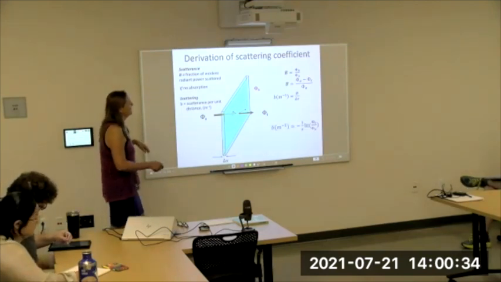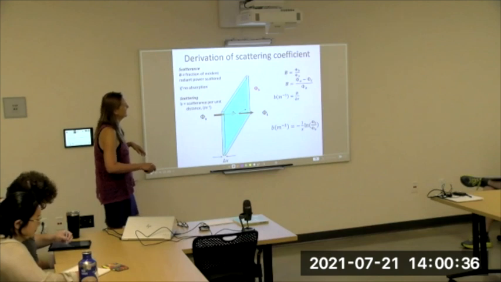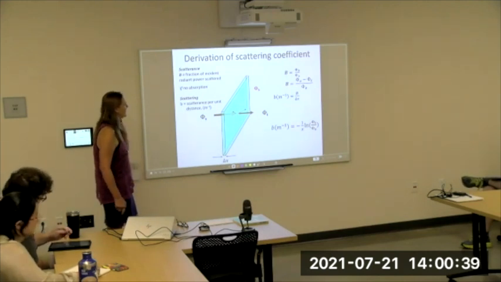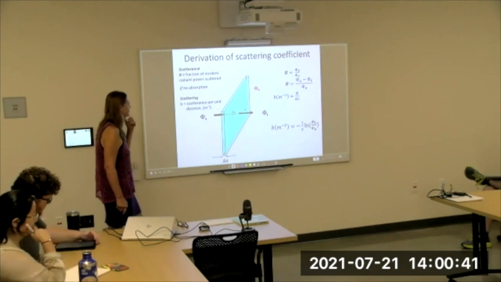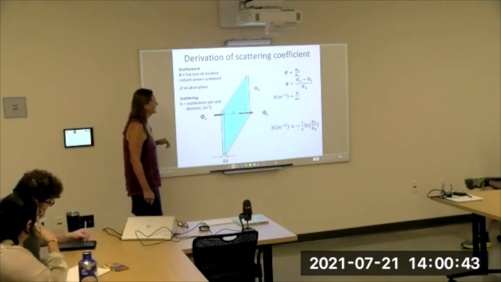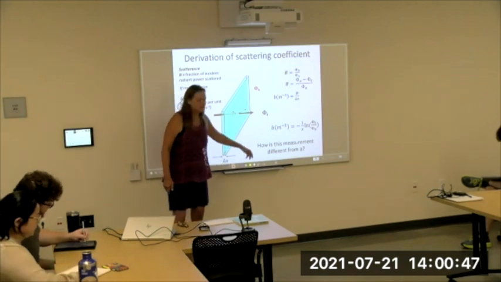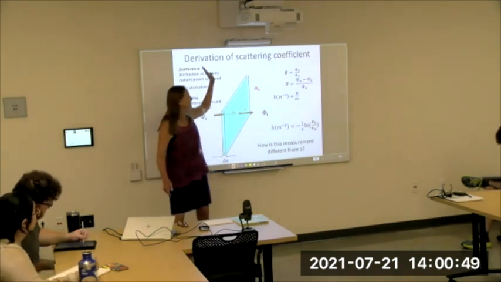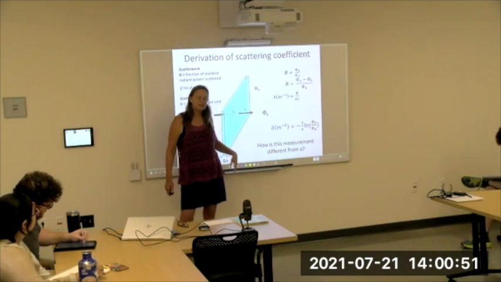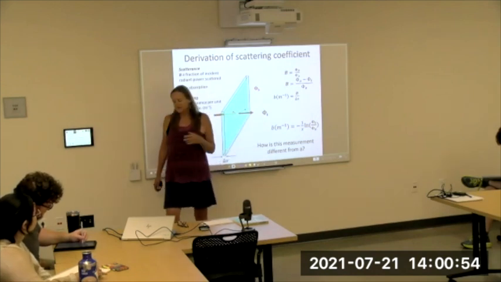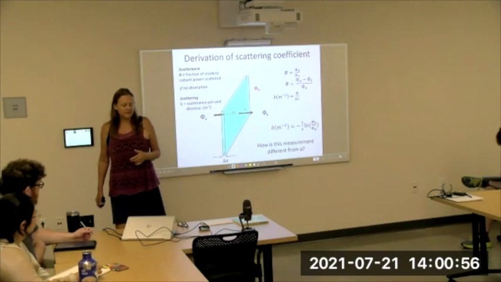Okay, and so we can take the limit and we can solve this and find out that the scattering is related to the natural log of the ratio of transmitted to incident power. So how is this measurement different from A? So I just went through all of the same steps. I got the same relationship essentially with coefficient.